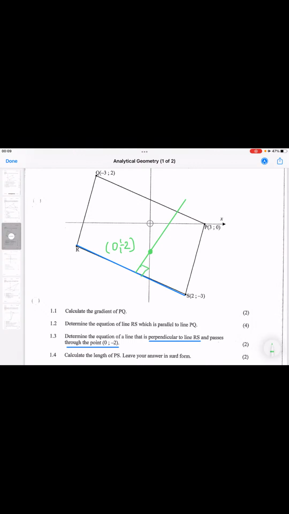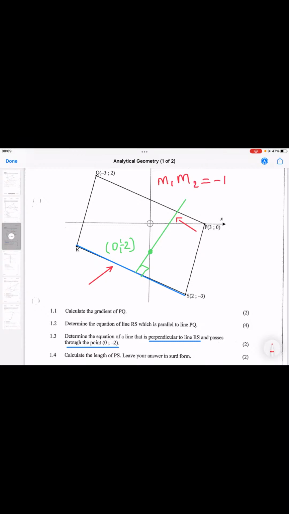What do we know about perpendicular lines? We do know very well that when you multiply the gradient of this line and the gradient of that line, it has to give you -1. So that means if the gradient of line 1 is multiplied by the gradient of line 2, it gives -1.